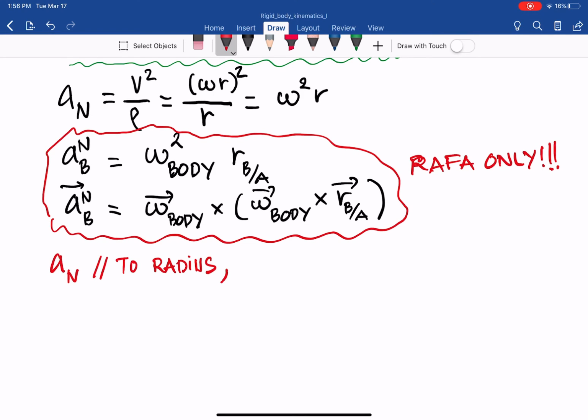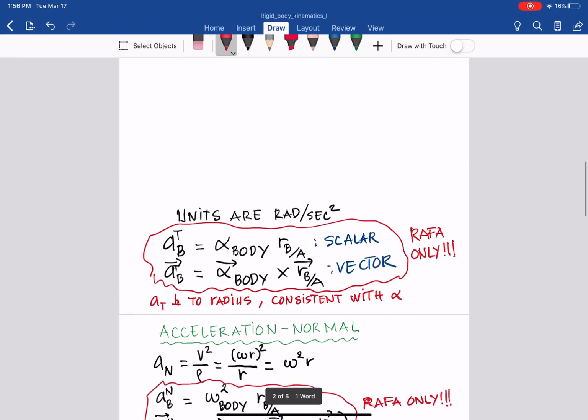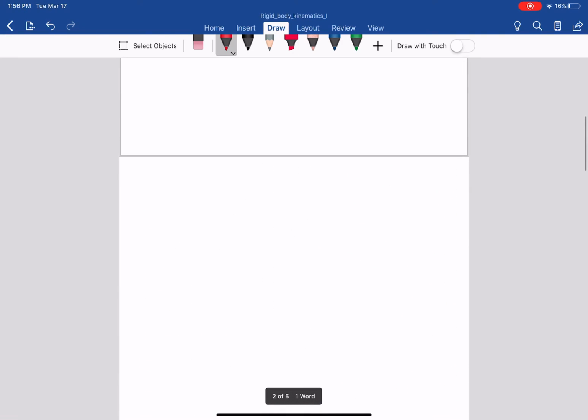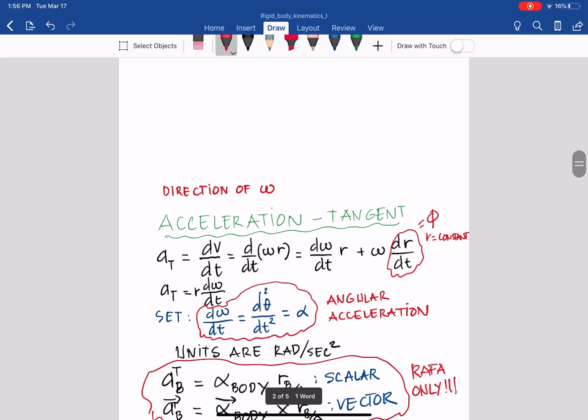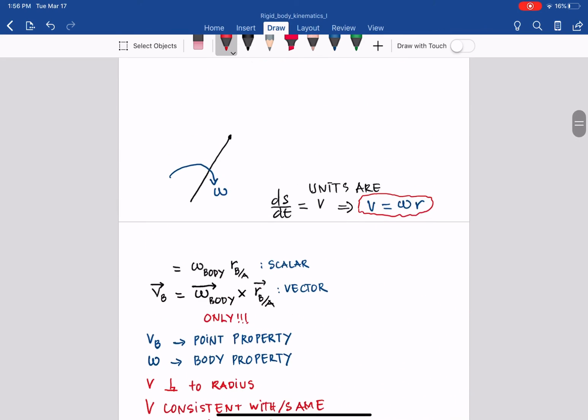Just like in particle kinematics, it will be directed to the center of rotation. So let me show that in here. What do we mean when it points to the fixed axis? Go to the rigid body stick figure.